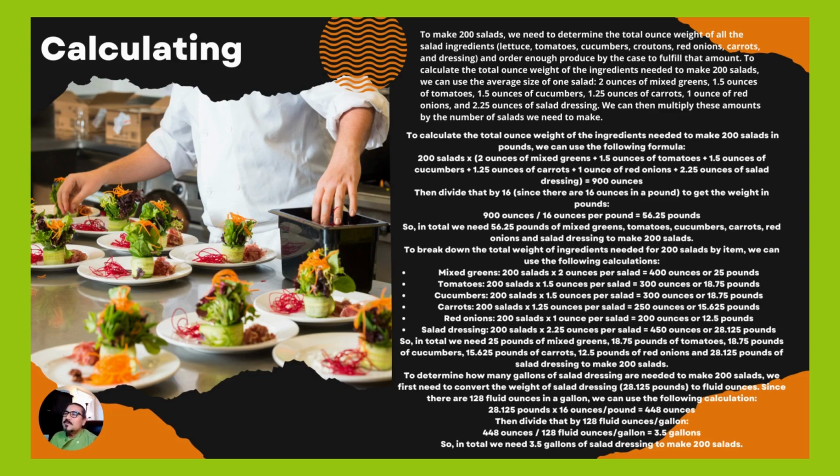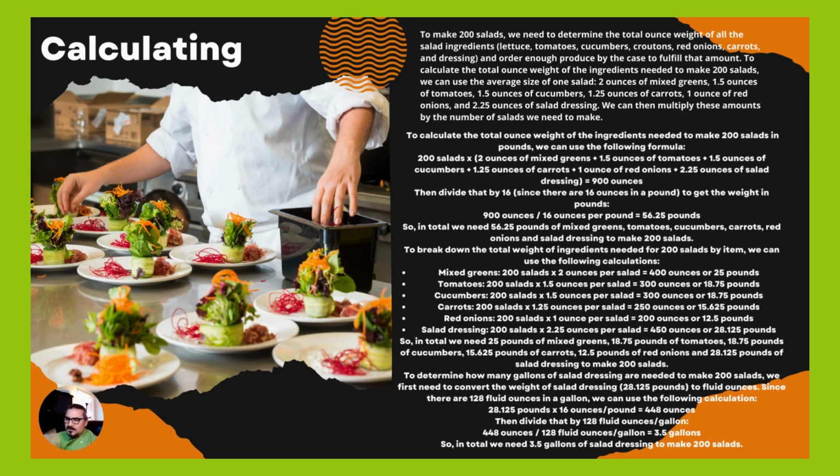1.5 ounces of tomatoes. Now, like I said, what I put here is hypothetical. You can calculate this on your own, depending on how big you want your salad to be, because it could be a salad entree, so it'd be a little bit bigger. You put it on the plate and calculate it by weight.